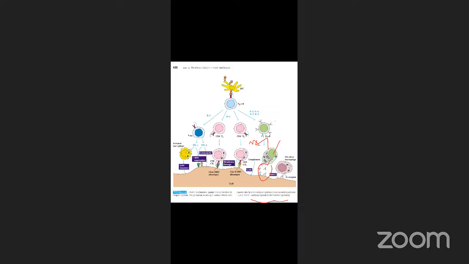Different types of immune pathways get activated after the formation of the immune complex between the antigen and antibody. The complement system gets activated after the formation of the antigen antibody complex.